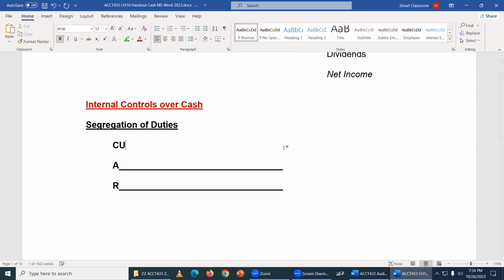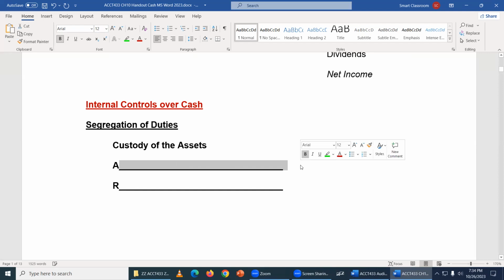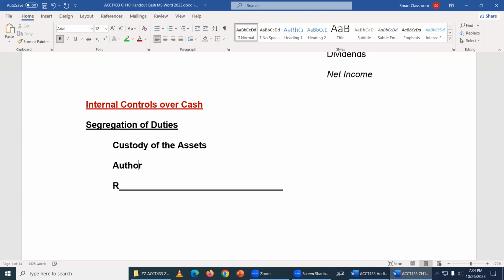First one is the custody of the asset. Next one is authorization.